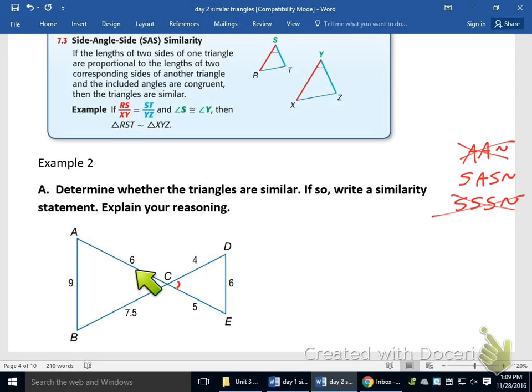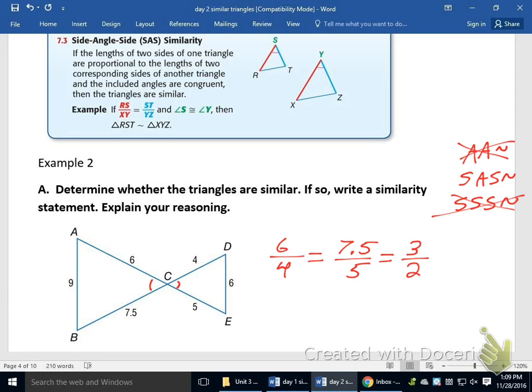Let's say I thought that maybe 6 matches to 5, and I try that 6 to 5, and I compare that to 7.5 to 4, which these proportions don't equal one another. So I'll get rid of that and say, maybe I picked the wrong pair. Maybe the 6 should actually match the 4, and the 7.5 should match the 5. Both of those reduce to a factor of 3/2.